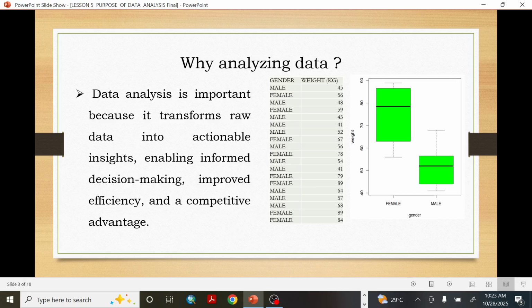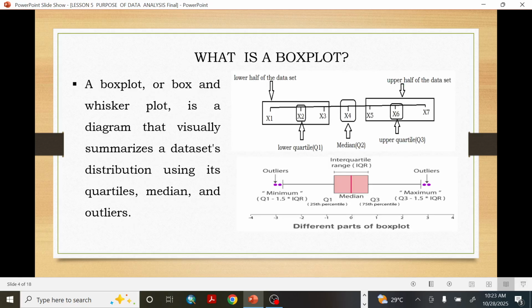Let us look at the box plot and have a very brief explanation about it. A box plot, or a box and whisker plot, is a diagram that summarizes a data set's distribution using its quartiles, median, and outliers.